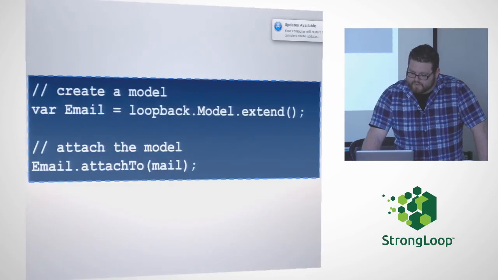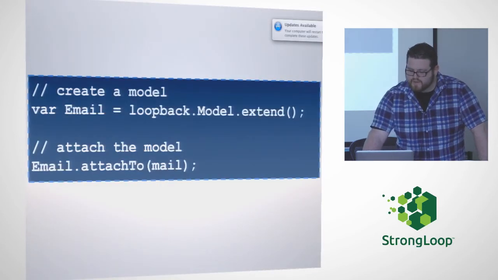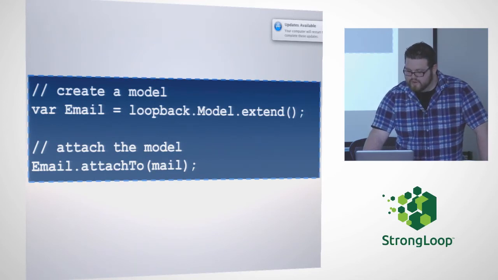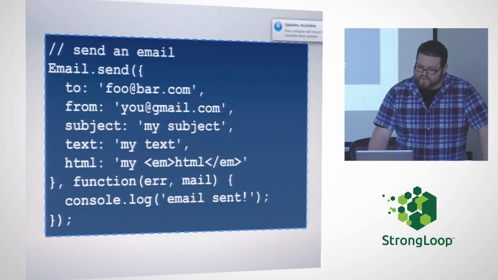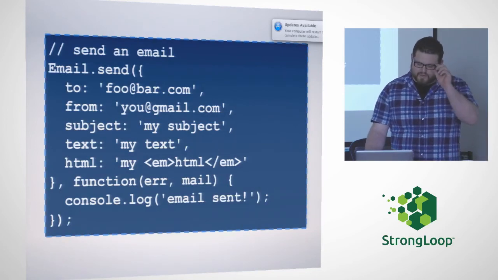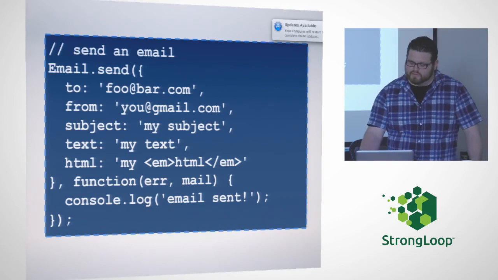And then like before, this is what the command line did for us, but this is what it looks like in code. We create a model and we attach the model to the data source. What this does is it mixes in the methods from that data source. Before, we mixed in all the methods from the database, all those APIs I was showing you.